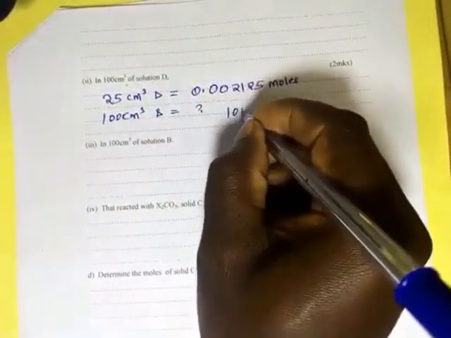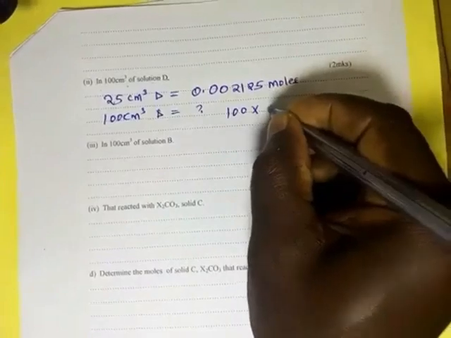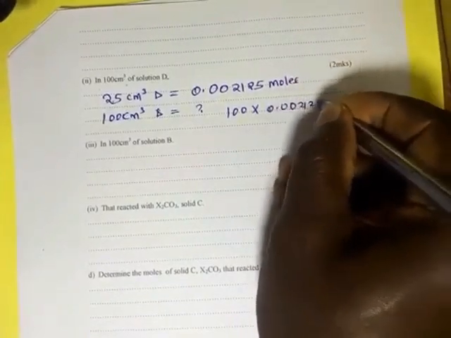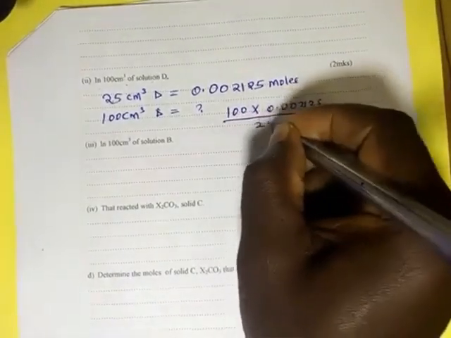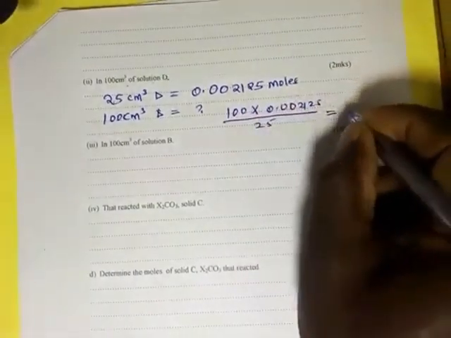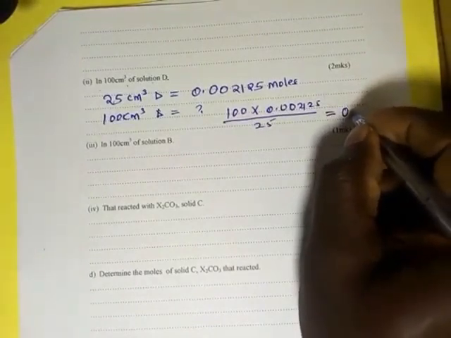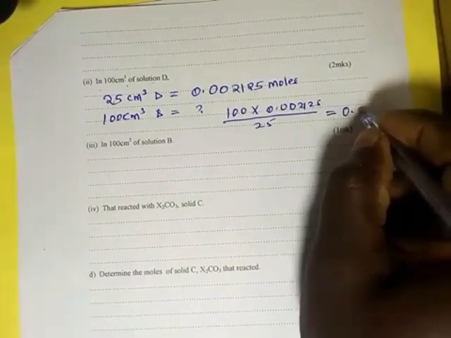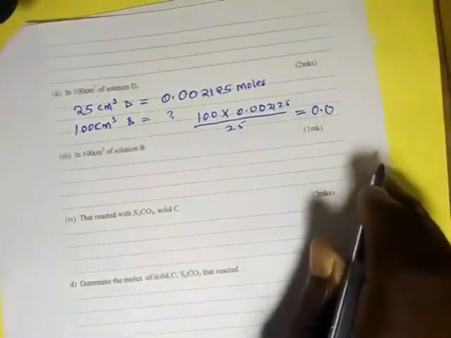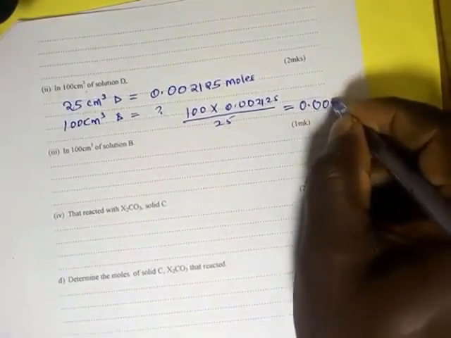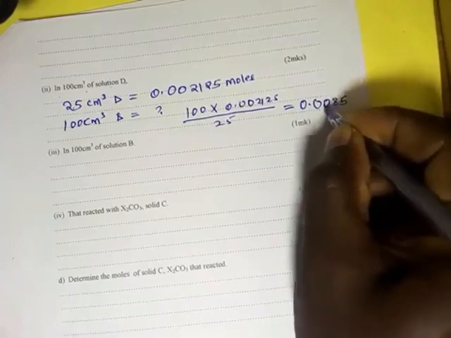So it is 100 times 0.002125 divided by 25. This one is going to give us 0.085 moles.